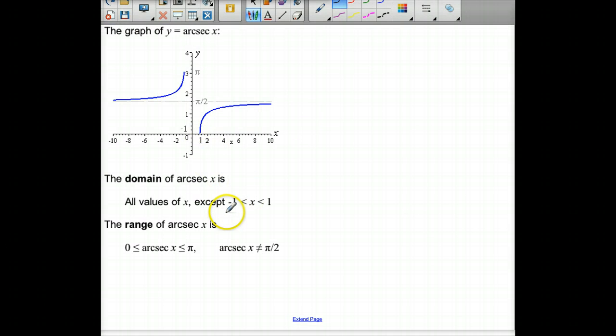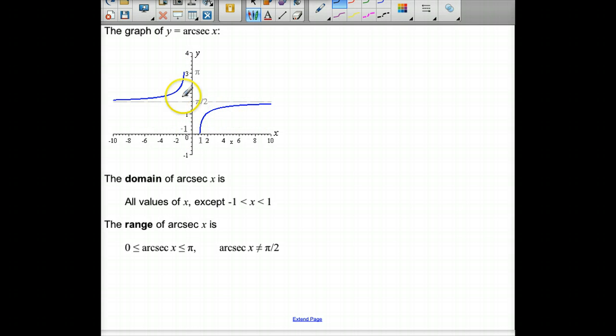The domain is all values of x except those between -1 and 1. So nothing in here, because this goes up forever and this goes down forever, but nothing in between. And the range is 0 to pi, so from here to here, but not pi over 2.